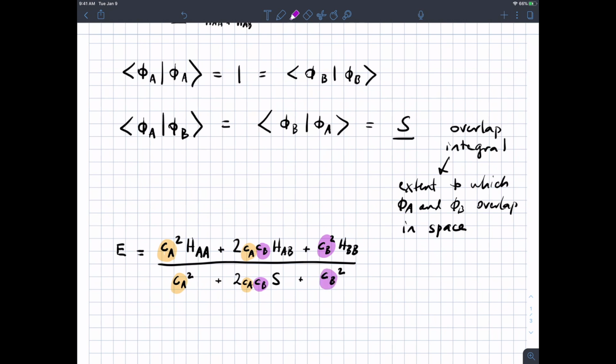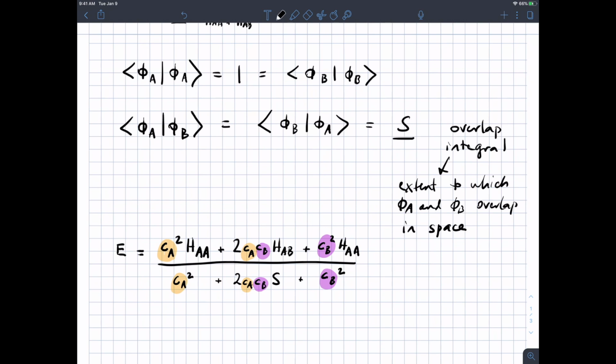We don't know what the core and resonance integrals are. And by the way, I should have made the substitution HAA there. That's going to make our life a lot easier. Remember, HBB and HAA are equal to each other. So we've got an expression, but we've got too many unknowns.